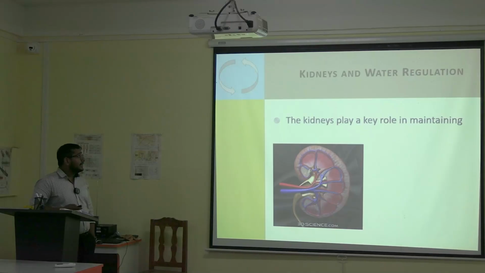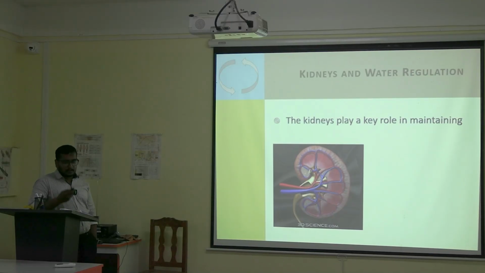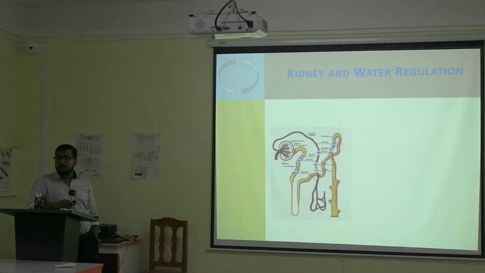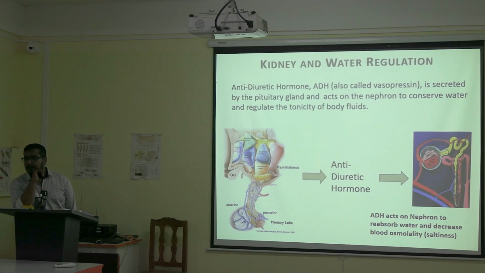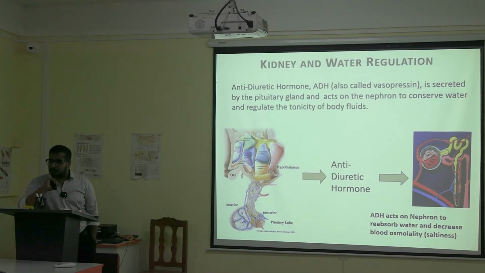Now come to the kidney and the water regulation. All of you know that the kidney is the main organ in our urinary system, and its functional unit is the nephron. It is interesting how even in our urinary system the pituitary plays a role.